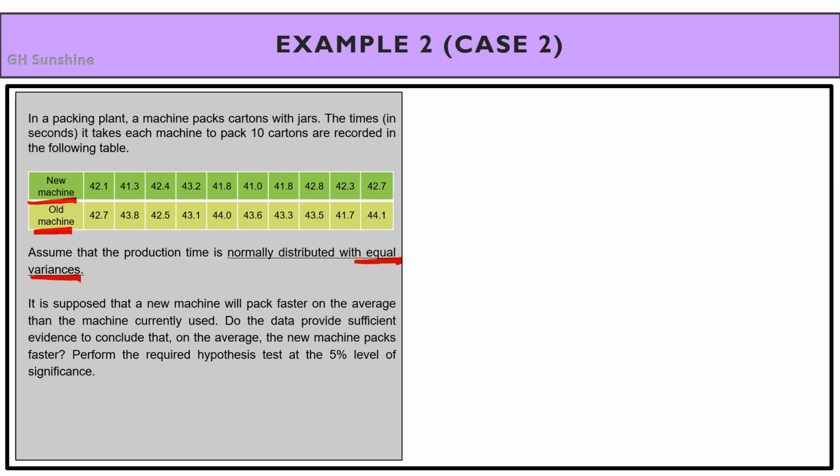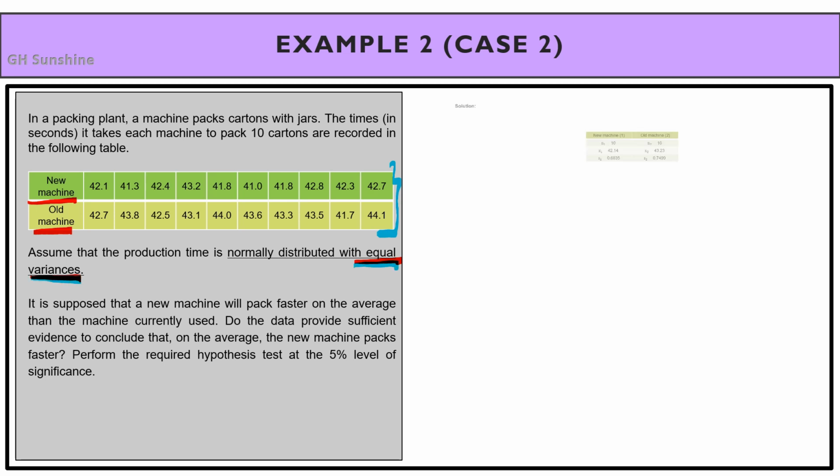No. Just given the data. So, from this data, you have to calculate the sample standard deviation or sample variance. So that's why this one is categorized as second case, unknown variances and also equal variances.